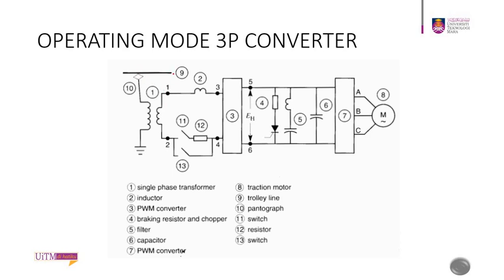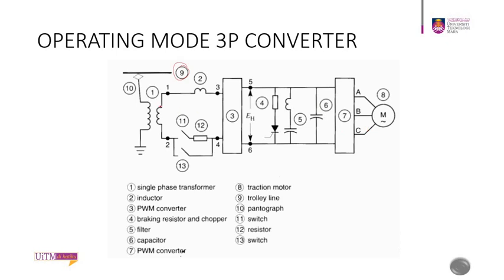Number 9 is the trolley line, like your KTM commuter's overhead line, where the electricity is supplied to the train. It will be connected to the pantograph. The pantograph is like a cable or a stick that will capture the electricity from the trolley line, and it will supply the electricity to the motor.